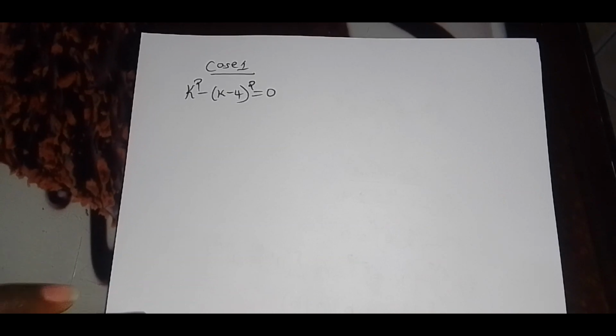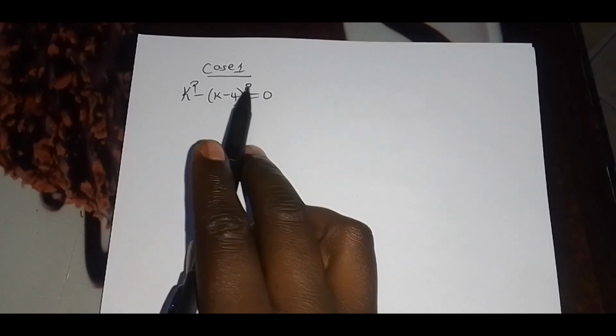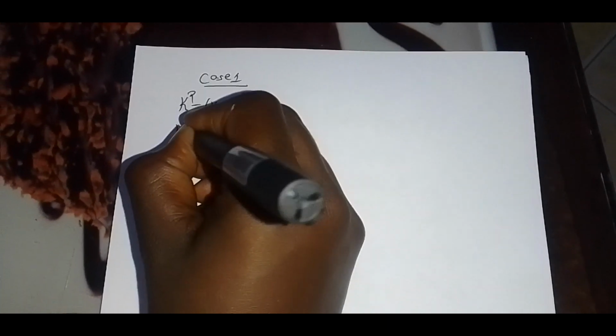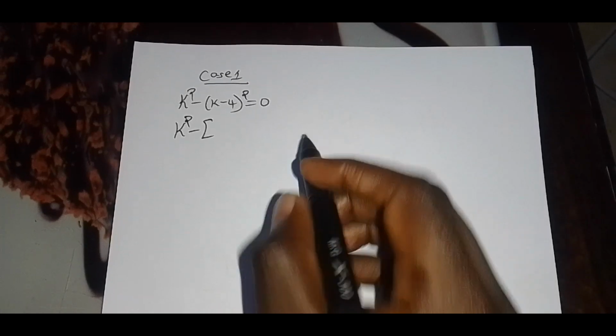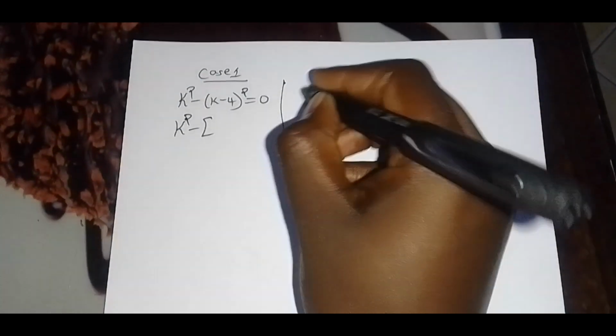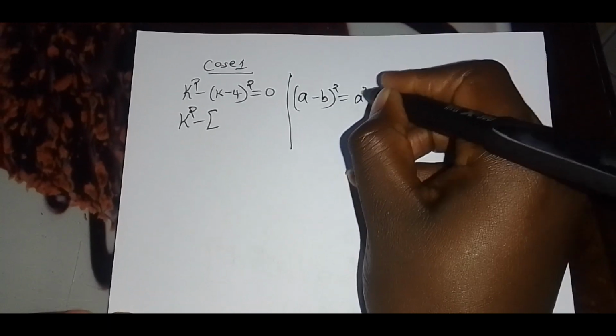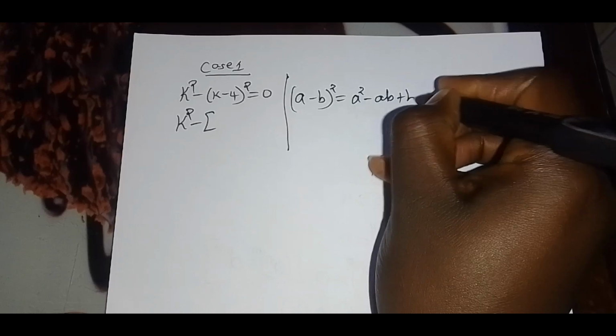So for case 1 we have k squared minus (k minus 4) squared equal to 0. Now this is (k minus 4) squared, applying the algebraic property that states that (a minus b) squared is equal to a squared minus 2ab plus b squared.